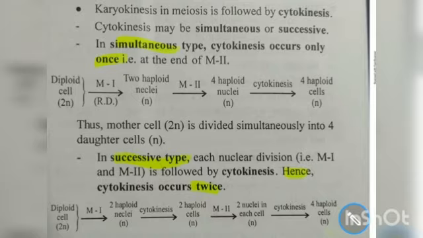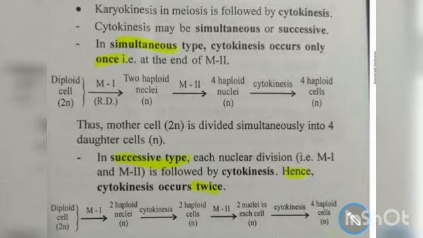One is the simultaneous type, another is the successive type. What is the simultaneous type? It means the cytokinesis, that means cytoplasmic division, occurs only once after the whole division or separation of the nuclei.